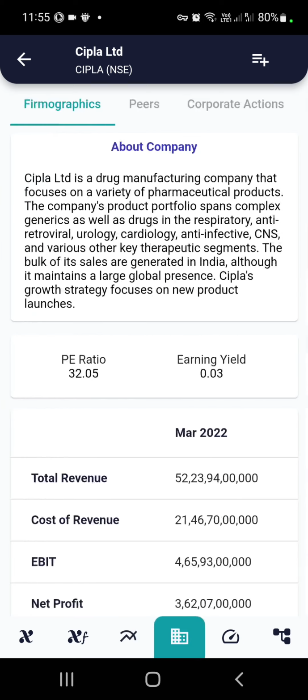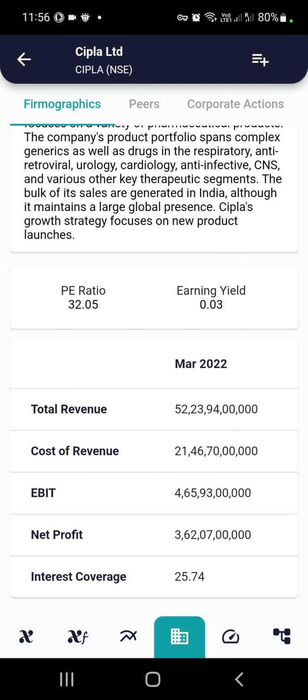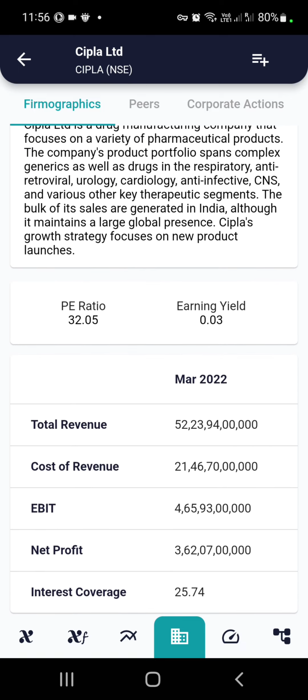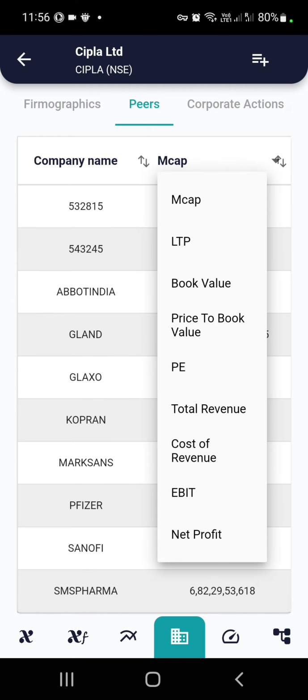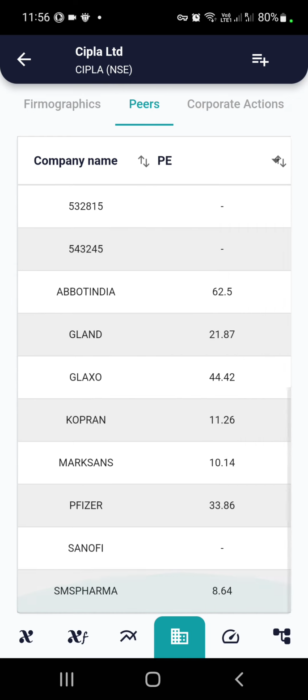as you see fit. You have the firmographics, basically talking about the particular stock and the overall historical financials, the top lines, comparison with the peer group. You can look at the PE, for example, how the PE has been performing against various historical stocks.